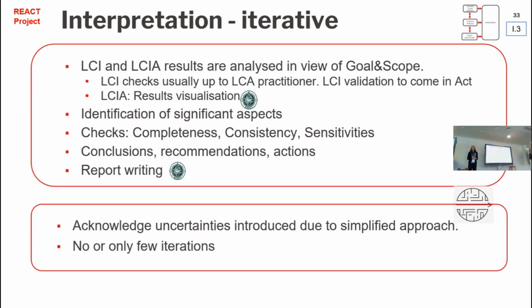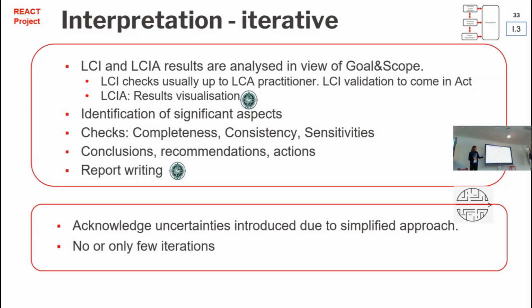The validation of user data input is not yet there. For example, you have a launcher of a specific weight. ACT does not yet support you in double checking if your final lift-off weight is actually correct or not. But this is something which will probably come. You're going to do completeness checks, consistency checks, and again, ACT supports there because it gives out a report which can be downloaded which supports such interpretation.